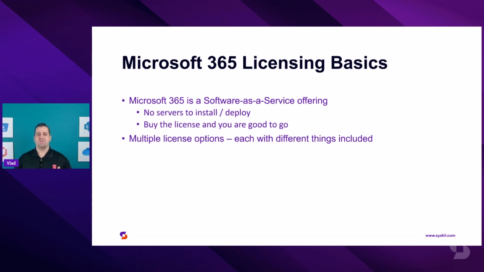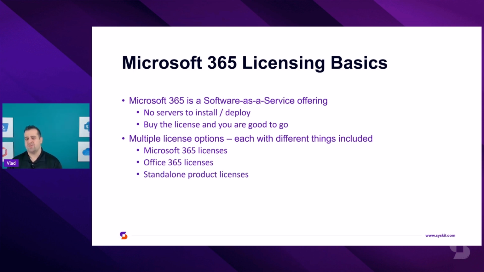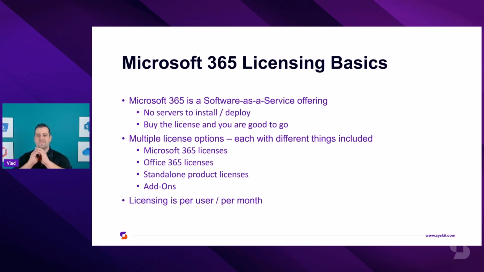Each one of those options has different things included. You have Microsoft 365 licenses, you have Office 365 licenses, you have standalone product licenses, such as you can technically just buy a SharePoint Online license or an Exchange Online license if you want to. And we also have add-ons, which we seem to have quite a few of lately.